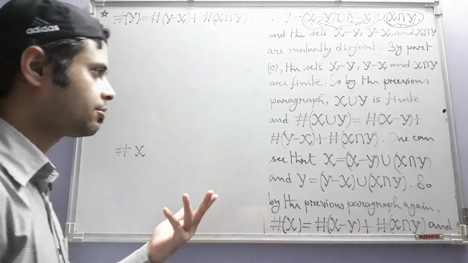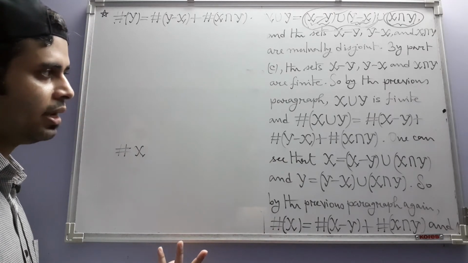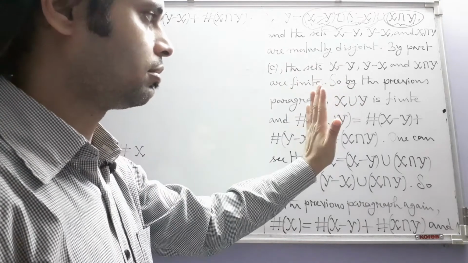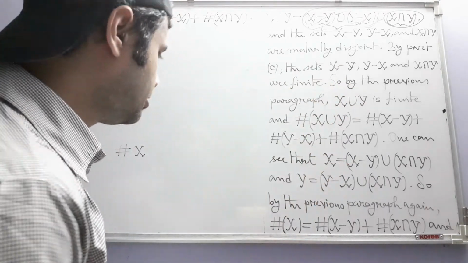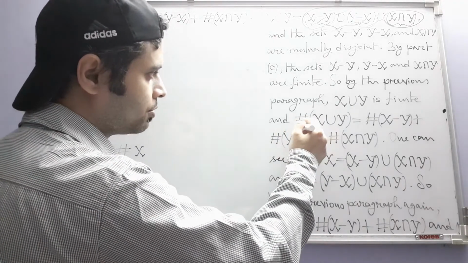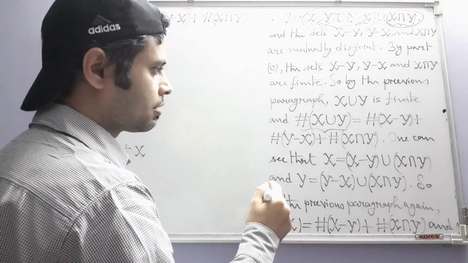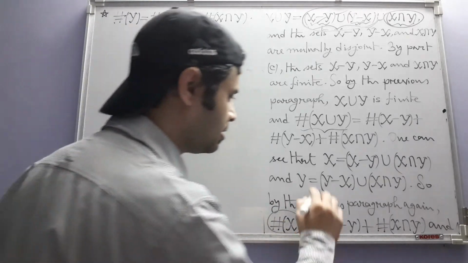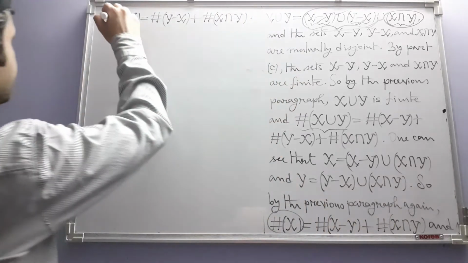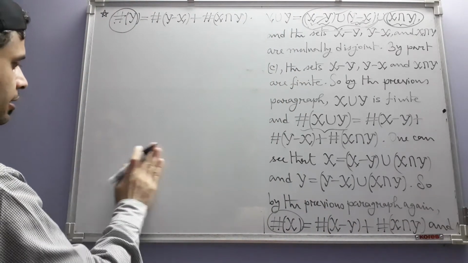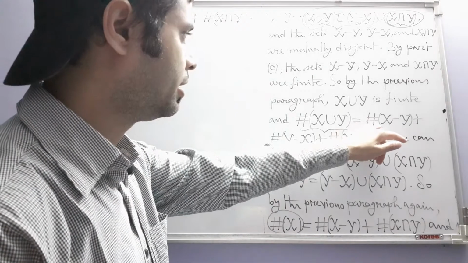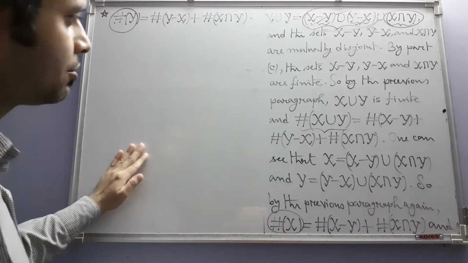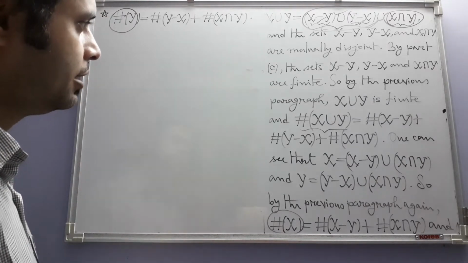Because we had to prove that x union y is finite in this general case also, which we have achieved. And additionally, what else we needed to prove? That this is less than or equal to the sum. Oh yes, we need to bring in the cardinalities of x and y. Yes, we need them. Without these extra things, we won't have them, because here we have cardinalities of x minus y and y minus x.